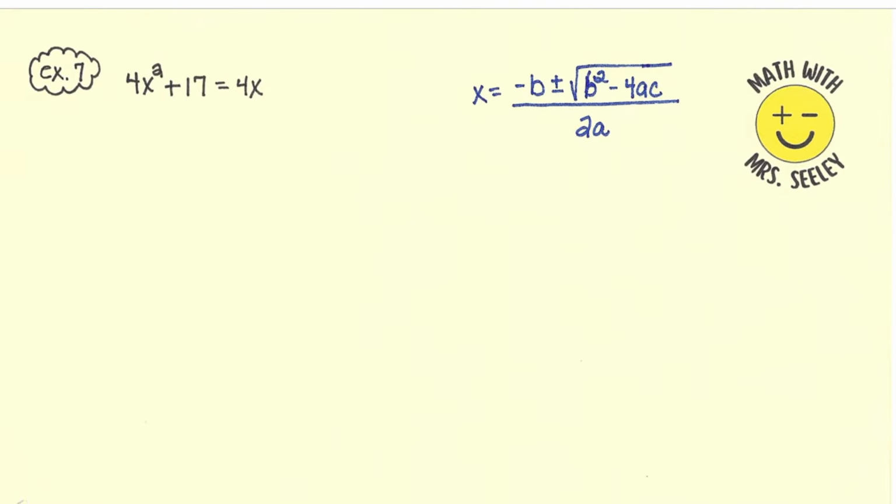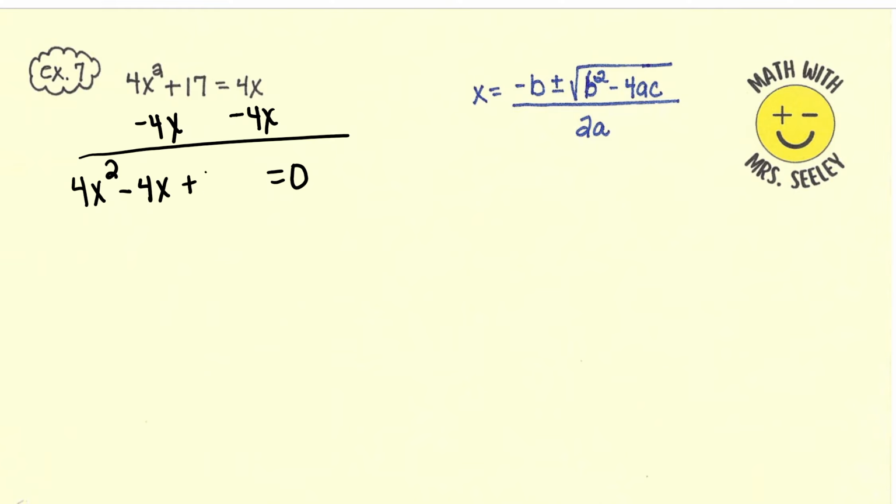All right, last one. If you want to pause the video and try this, do your very, very best. So first of all, we've got to set it equal to 0. Now, when I set this equal to 0 and subtract that x term over, notice that it goes in the middle: 4x squared minus 4x plus 17.